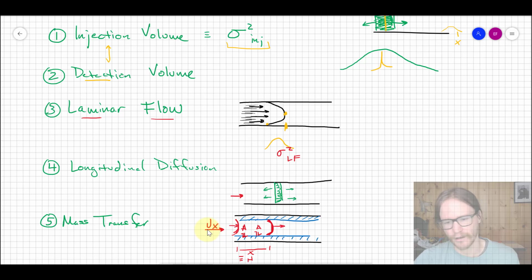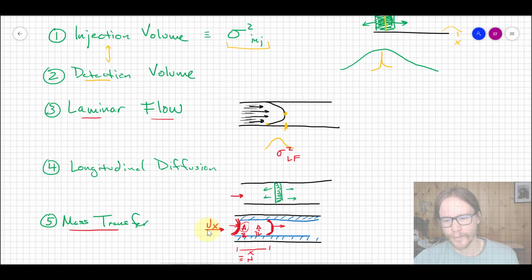The plug is just chugging along, and it's broadening, but the way it's broadening due to mass transfer in this case is that A is sticking around longer when it's bound here than it is here, which means this A probably isn't contributing to the broadening. But A that's right at the end, on the slow end of our plug, is going to lag, because the plug is going to move away faster than A can desorb out.